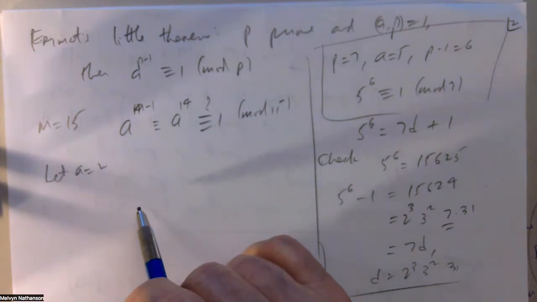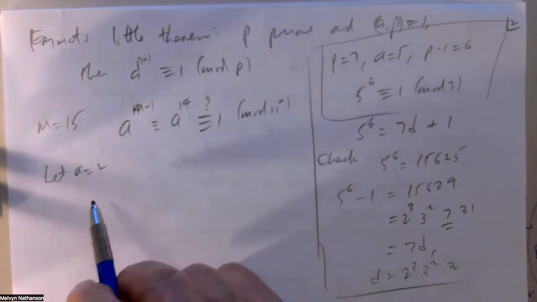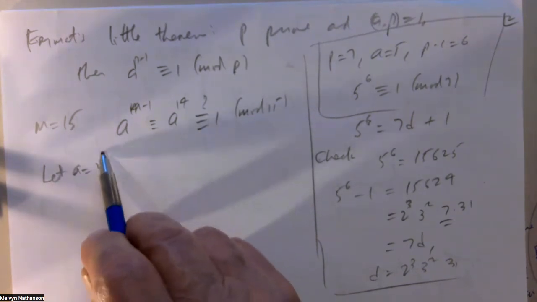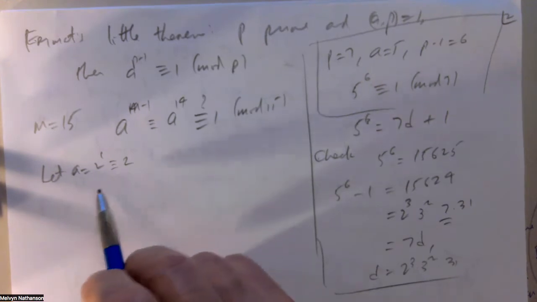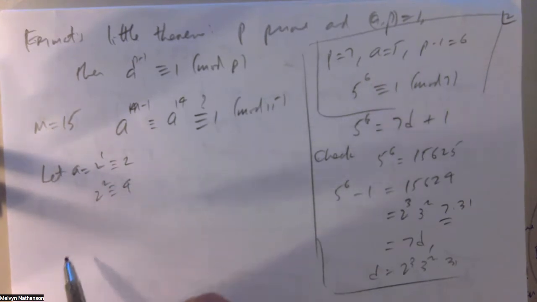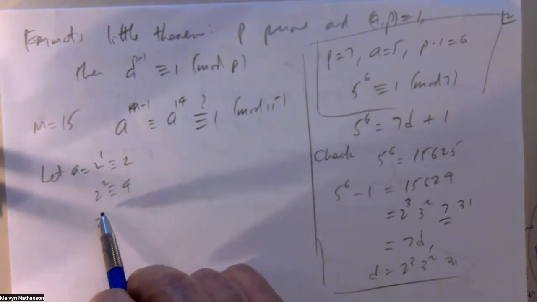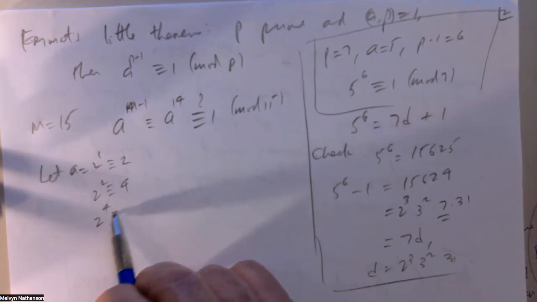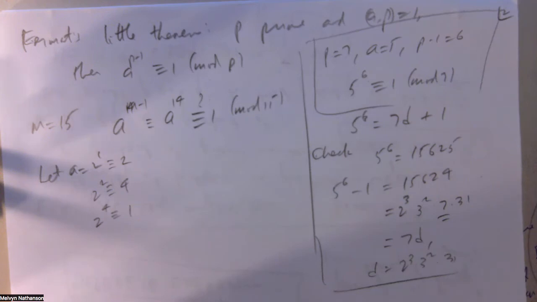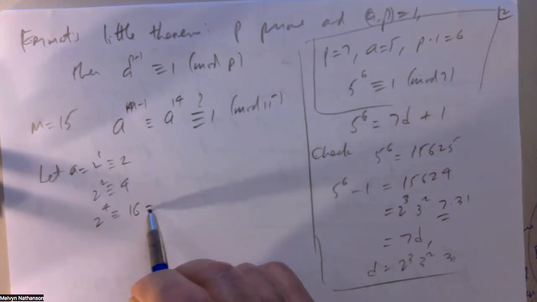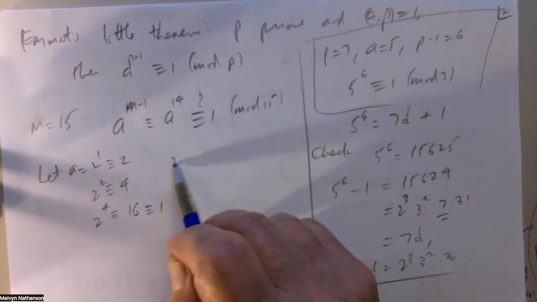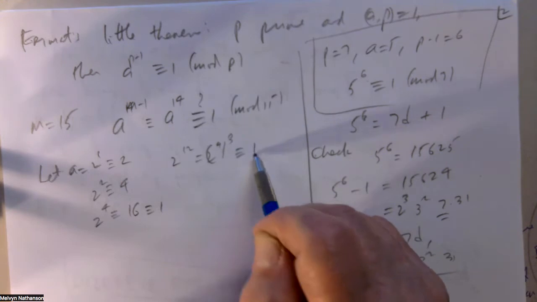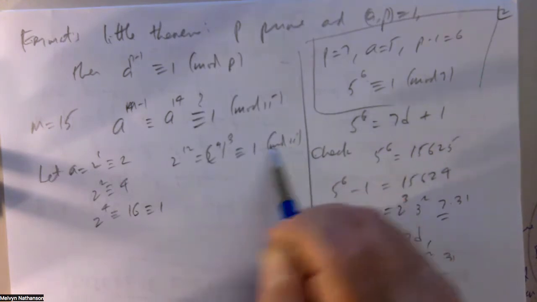Let me just calculate this quickly. 2 to the first power is 2 mod 15. 2 squared is 4. 2 to the fourth is 16, which is congruent to 1. So 2 to the 12th is 2 to the fourth cubed, which is 1 cubed, which is 1 mod 15.